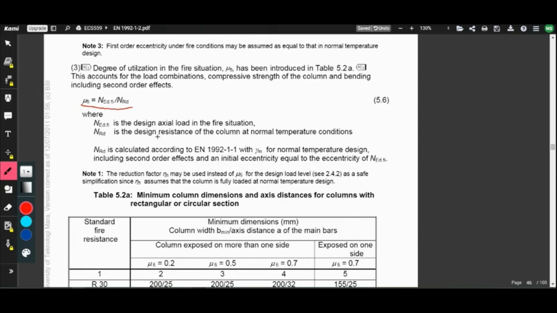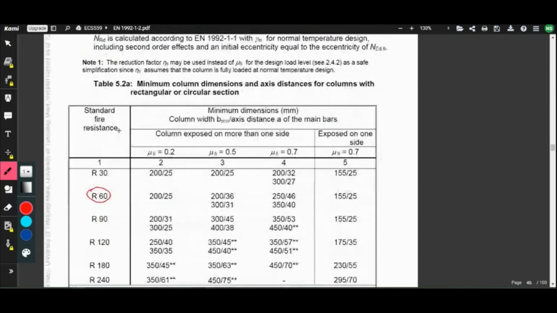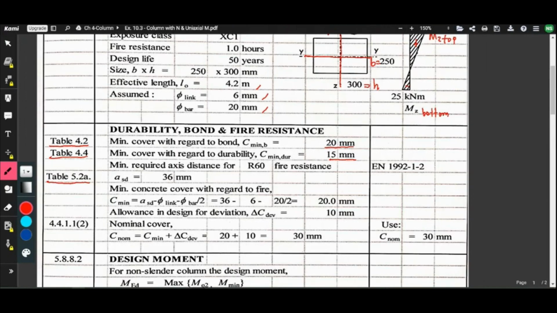We don't know the design resistance of the column at normal temperature conditions because we want to design the column. Therefore, you can assume the value of mu. You can assume mu 0.2, 0.5 or 0.7. For example 10.3, if I look at the answer, ASD 36, this is for mu fi equals 0.5.